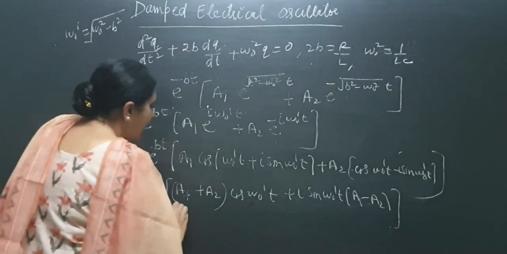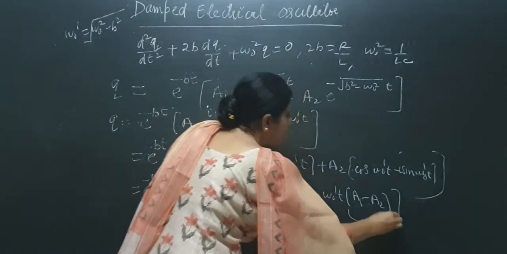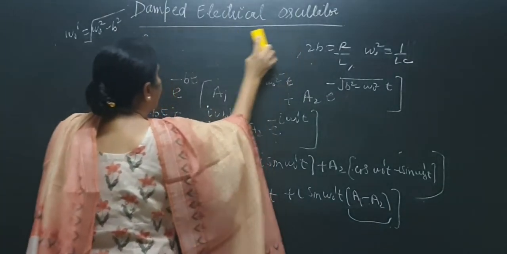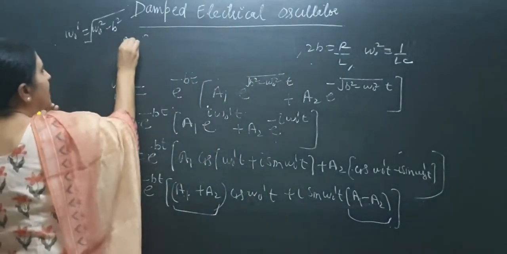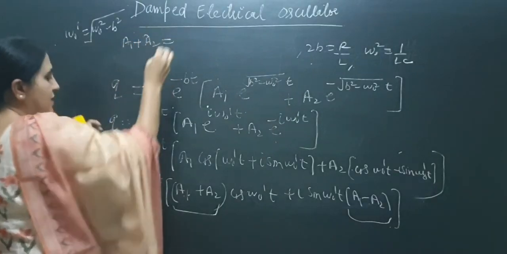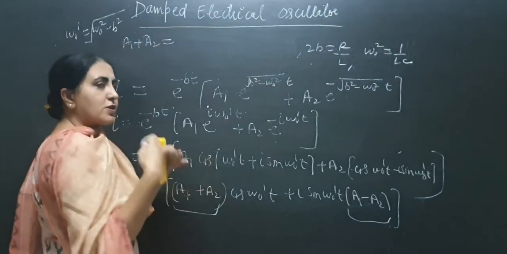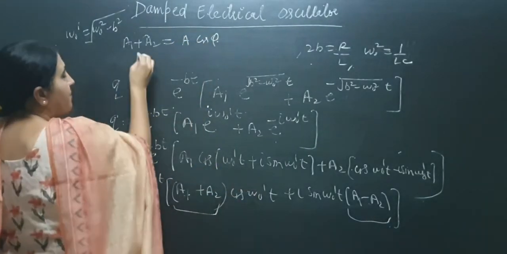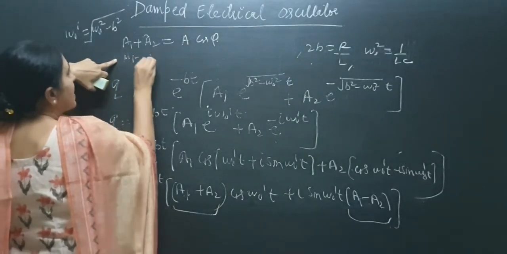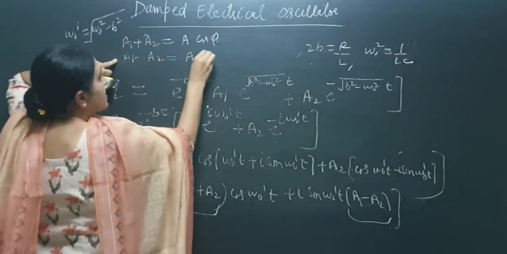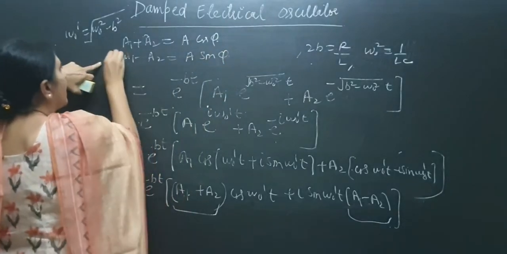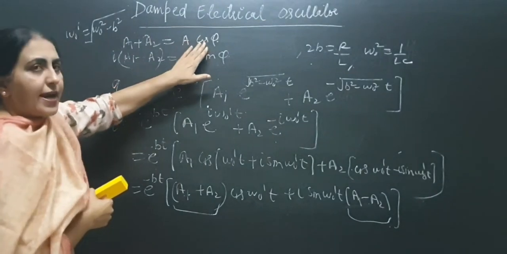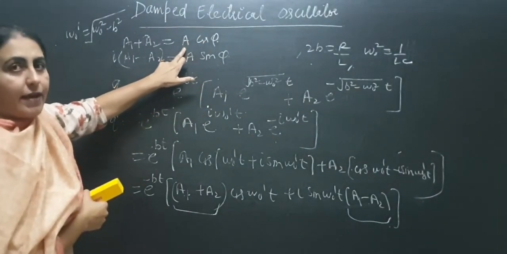Now a1 plus a2 is a constant term, a1 minus a2 is also a constant term. So here I write, you can put a1 plus a2 equal to, cos or sin, whatever you like, equal to a cos phi, and similarly a1 minus a2 you can put a sin phi, with iota. When you divide these you get tan phi, and when you square and add you get the value of a.